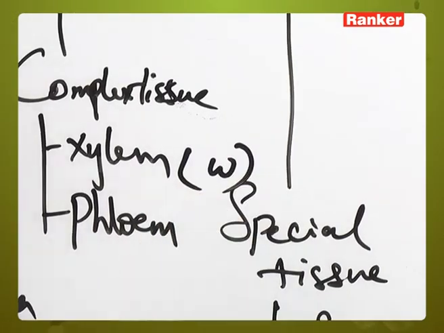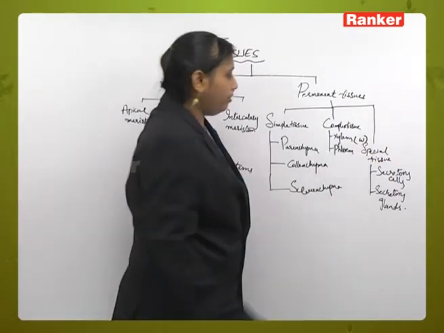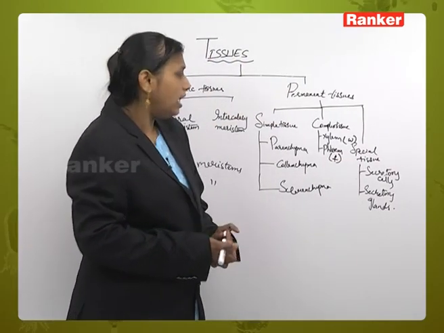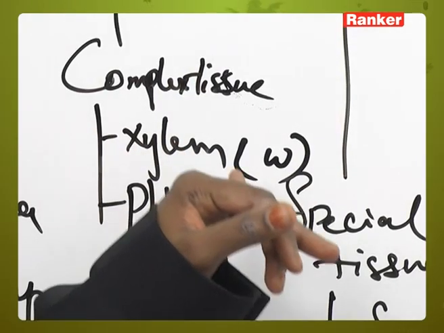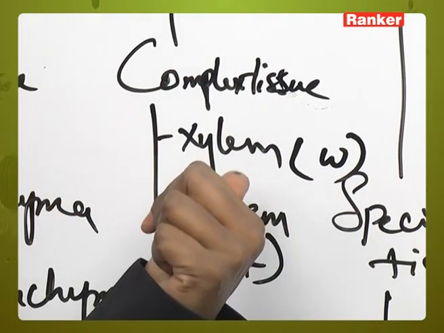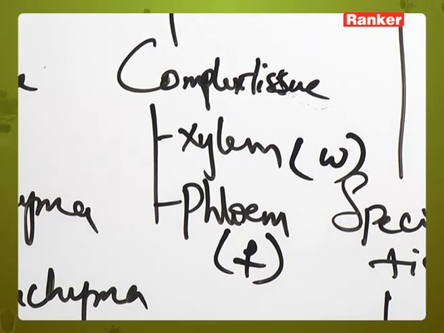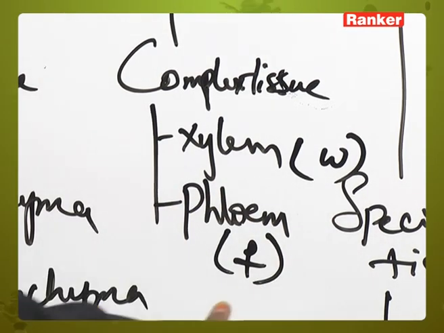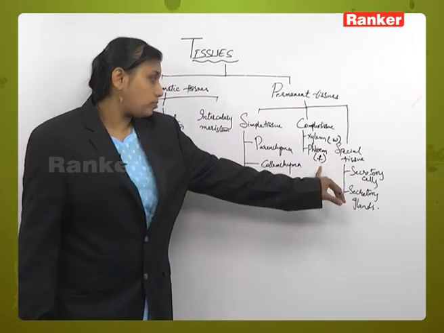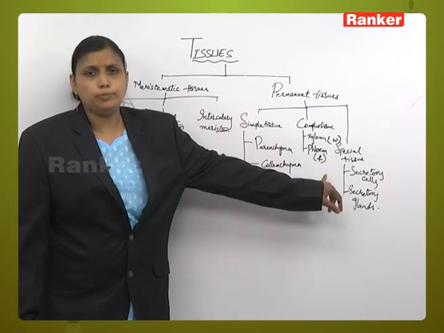I am writing W for water conducting tissue, and phloem is F, that is food conducting tissue. The alternative name of xylem is hydrome. Instead of food I have written F, which means food material or food supplier of the plant. This food conducting tissue is also called leptome.